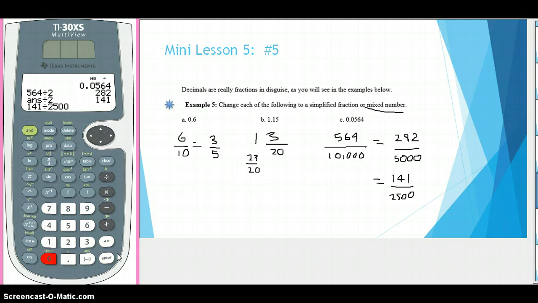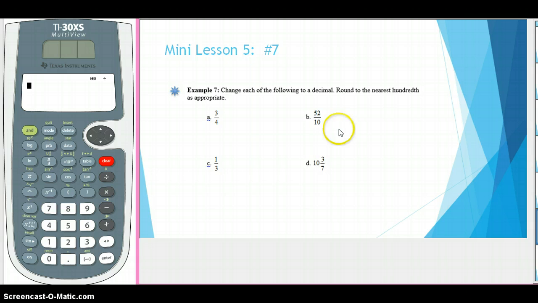And if I simplified this correctly, it should equal this. And notice we still get 0.0564. Still doesn't want to change it to a fraction for us though. So now we're done. So when you have more than a couple of decimals, sometimes you'll have to do a little work by hand, but you can use the calculator as an aid. Let's look at the next slide.